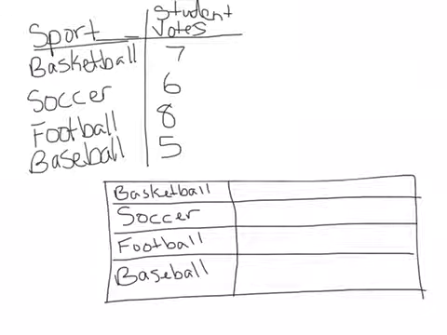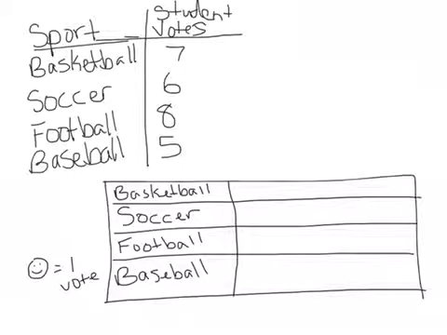So here we get to be creative, and we get to draw a picture of an object that we want to represent a student vote. In this case, I'm going to use a smiley face, and that smiley face is going to represent 1 vote.